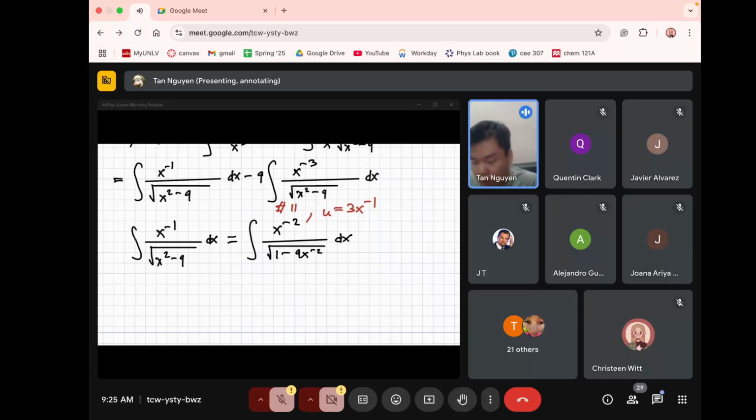Because I memorized them so well, I can recognize them right away. So u is equal to 3x minus 1. What is u prime? Negative 3x to the negative 2. That's exactly on the top. I'm missing a negative 3, of course. So multiply by -3, divide by -3. Does that make sense so far, guys?